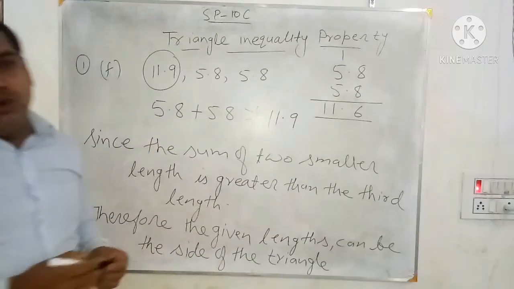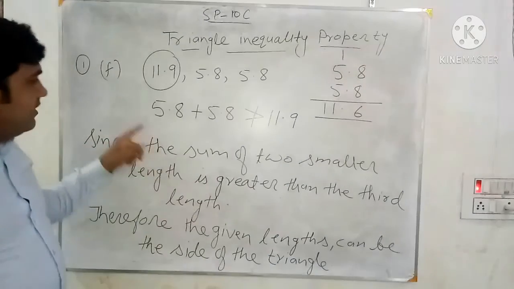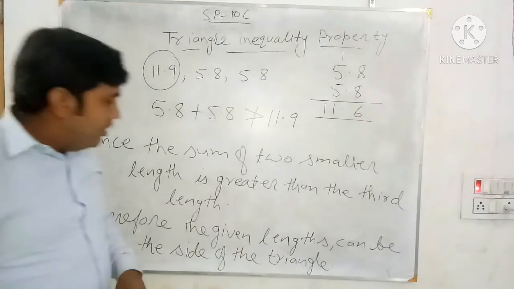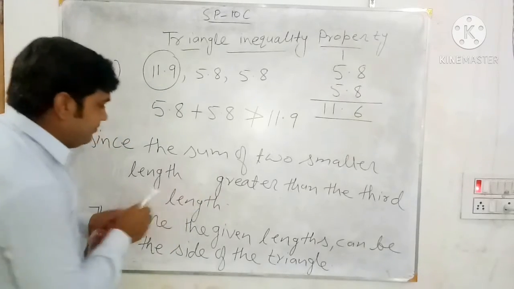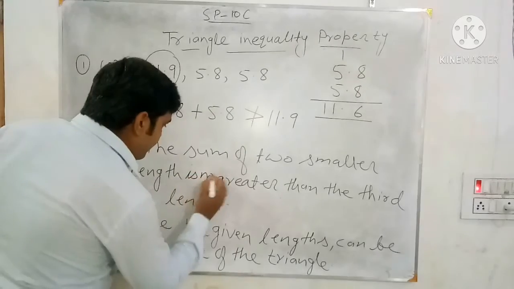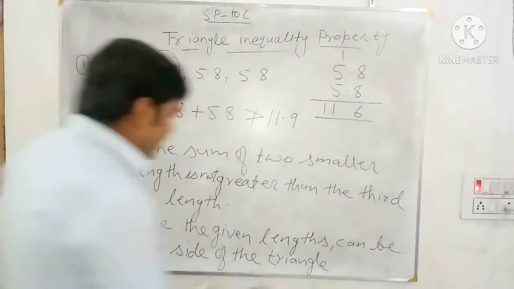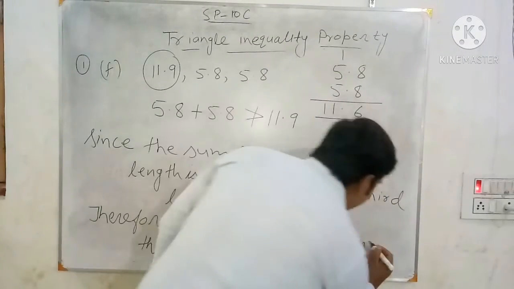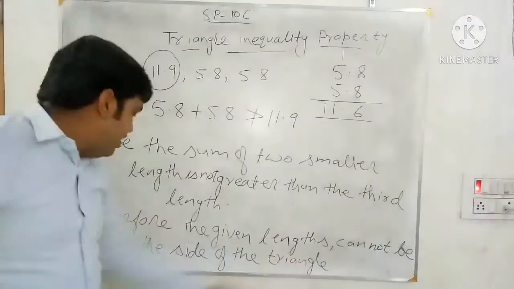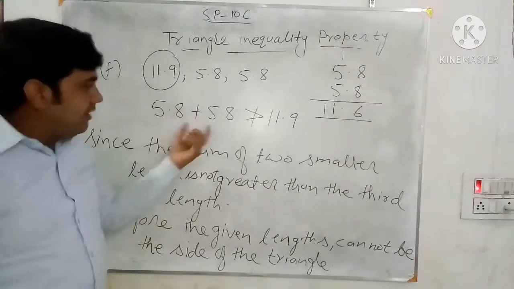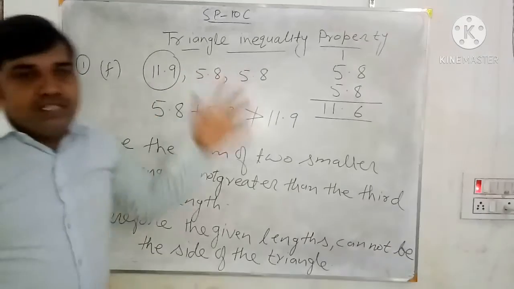Since the first theorem doesn't hold, the first theorem is not satisfied by these lengths. So the result: since the sum of the two smaller lengths is not greater than the third length, therefore the given lengths cannot be the sides of a triangle.